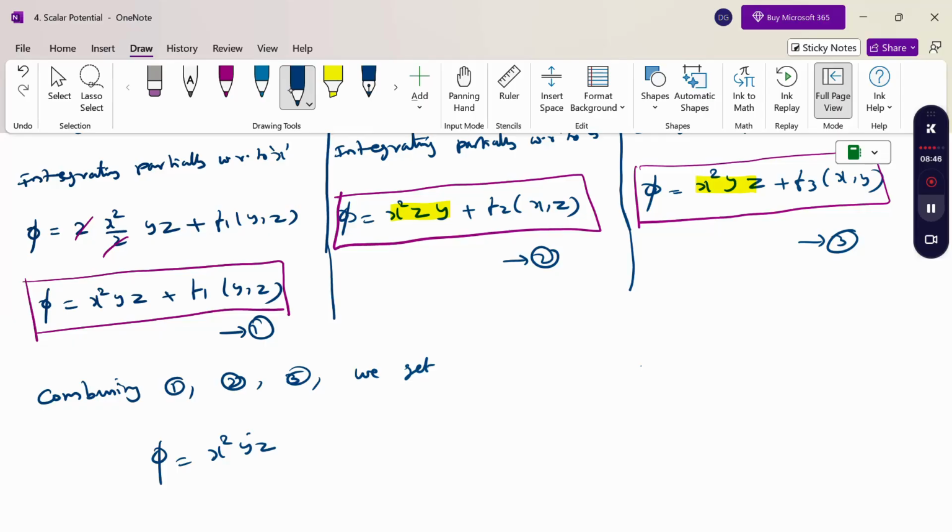The second and third repeated terms are ignored, plus c, where c is an arbitrary constant. So this is the value of pi.